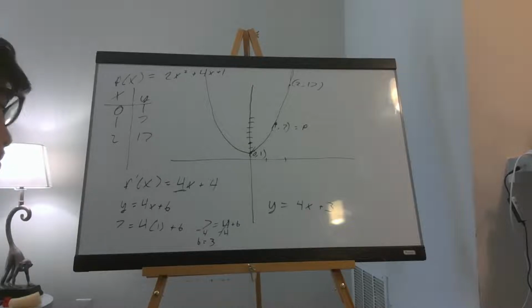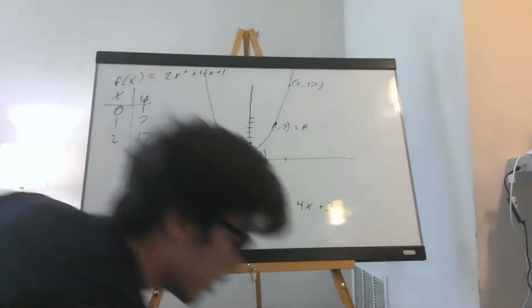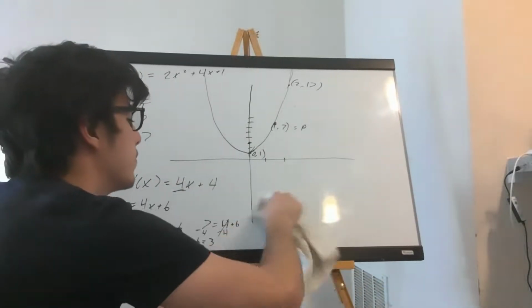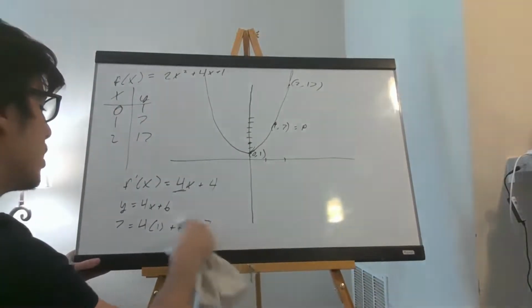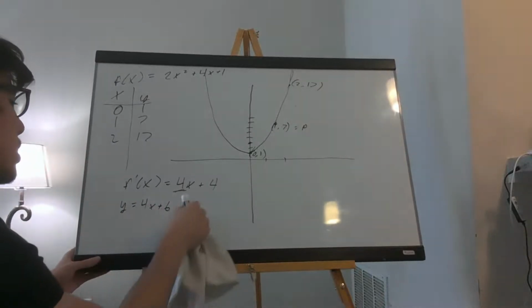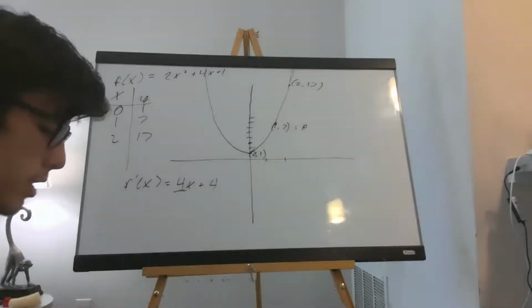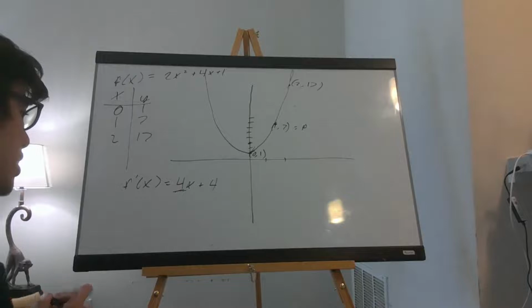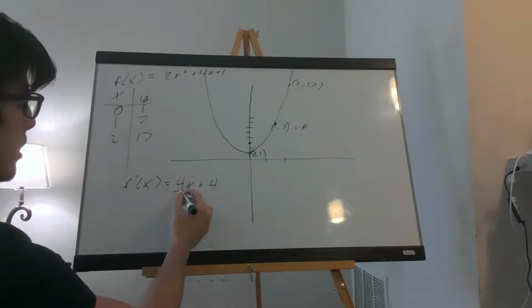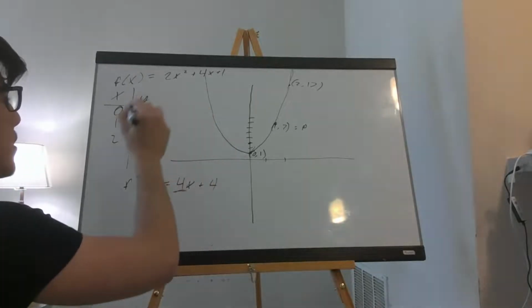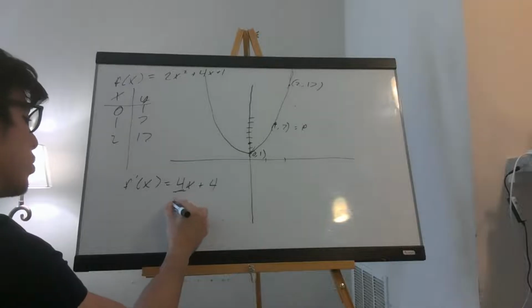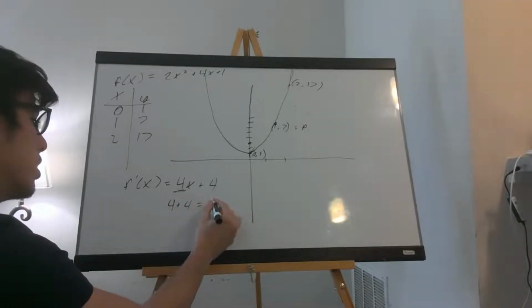You know what? I think I made a mistake here, actually. It just doesn't sit well. So let's try this. We plug in 1 for x. That's going to give us 4 plus 4, which is 8.